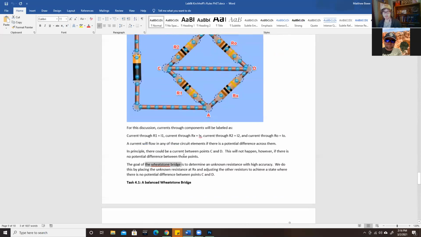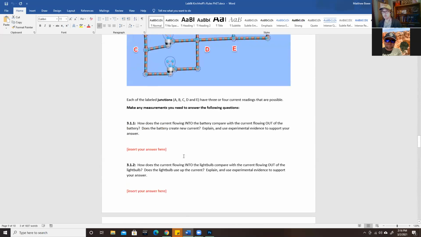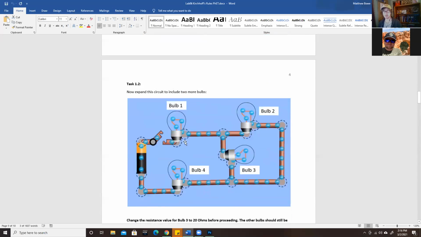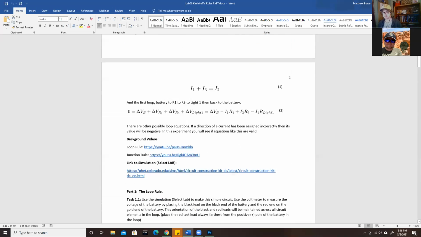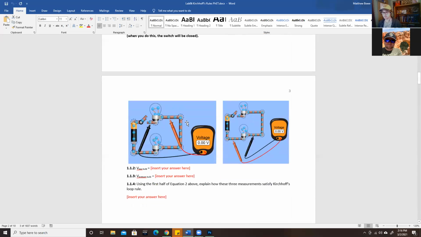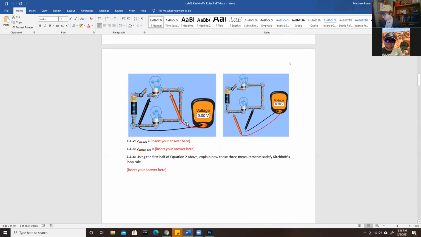Okay, so we have this lab. There's a lot of measurements to take. Since it is sort of the same procedure, the same material, kind of as last week, I'm not going to have any things to check off.